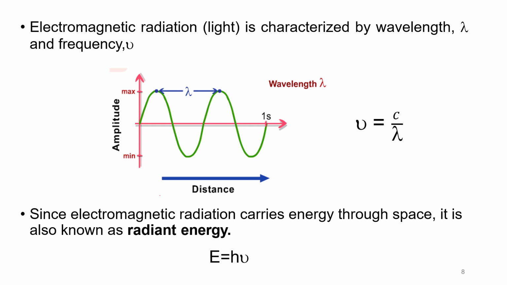So this is the electromagnetic radiation, which we have actually covered in your school. Wavelength, lambda. Frequency equals C over lambda, where C is speed of light.